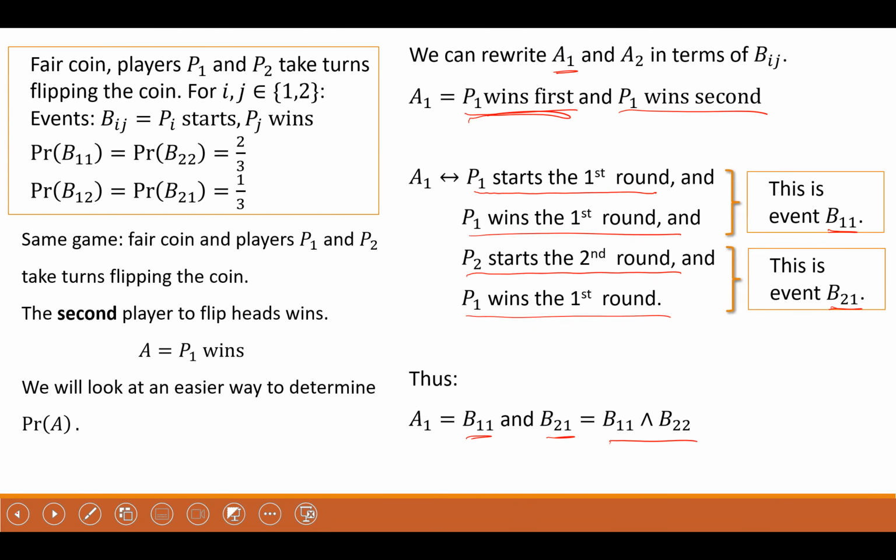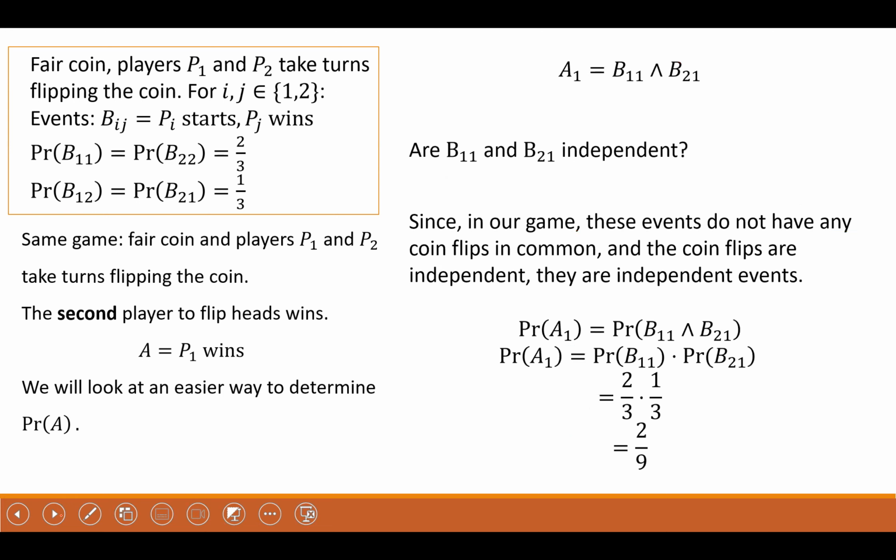So we're going to skip that. We're going to go with sort of an intuitive understanding of this, right? So the intuitive understanding is that you can ask yourself, are these two events independent? And in some sense, they're not, right? Because this event can only happen if player one wins the first round, right? So they're not really independent.